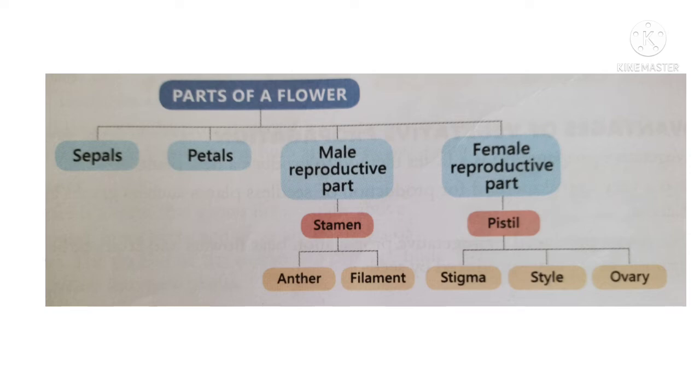Student, remember this. In flowers, the male reproductive part is stamen, and the female reproductive part is pistil. Stamen contains anther and filament, and pistil contains stigma, style, ovary.